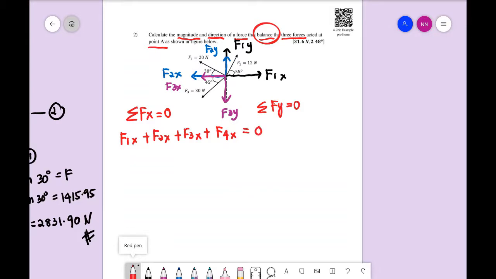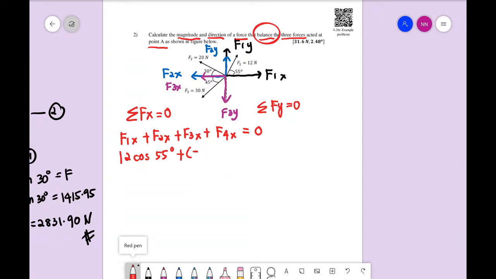So F1x is F1 cos theta, so it is 12 cos 55 degree. And F2x is to the left, so it is negative F2 cos.